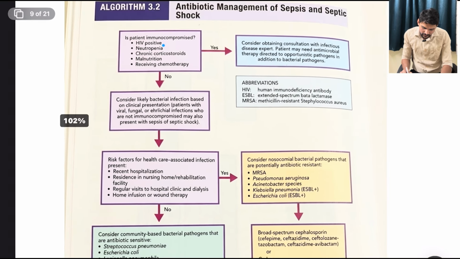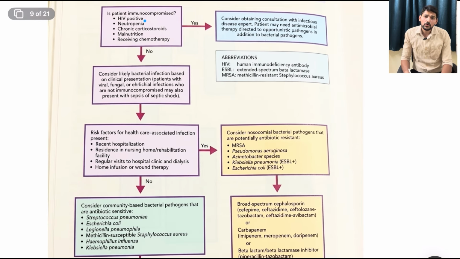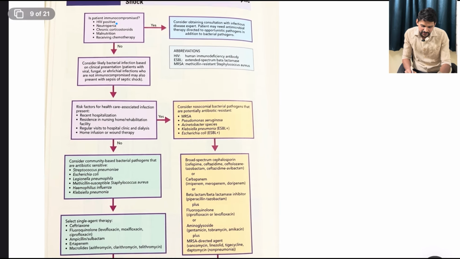So, for example, if there are no risk factors for virulent organisms, which I will be discussing: if there is no history of recent hospitalization or residence in nursing homes, rehab centers, or frequent visits to hospitals, always go ahead with a single agent.